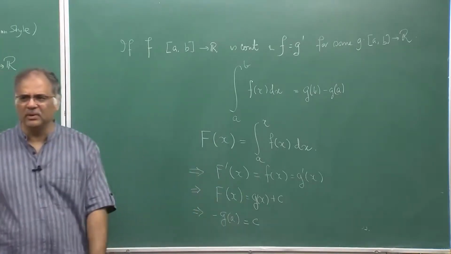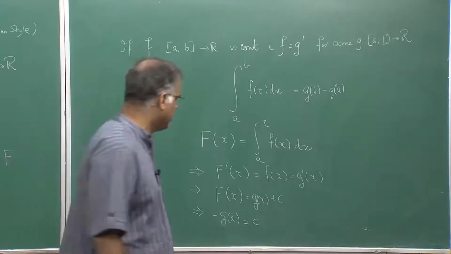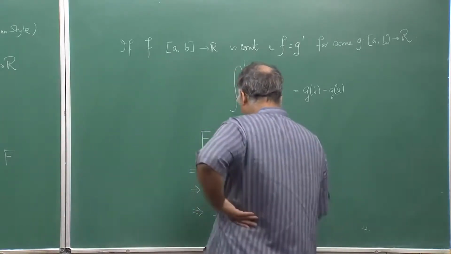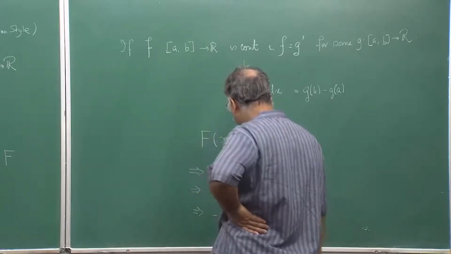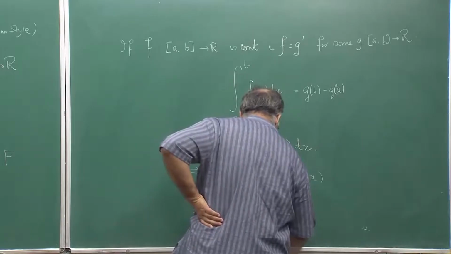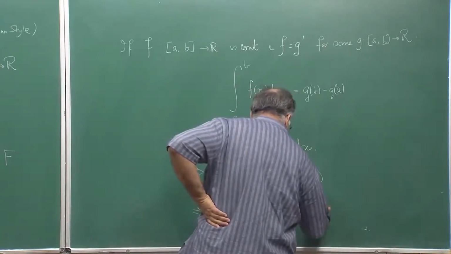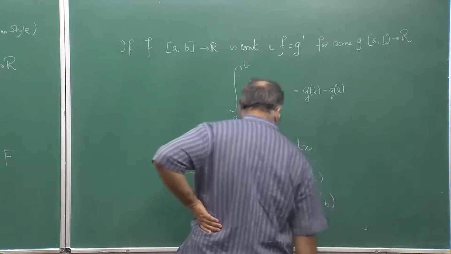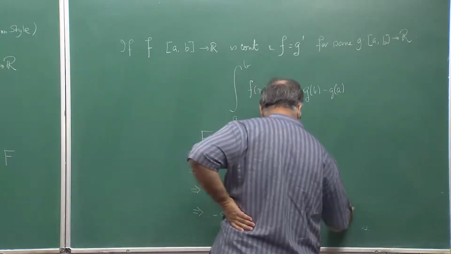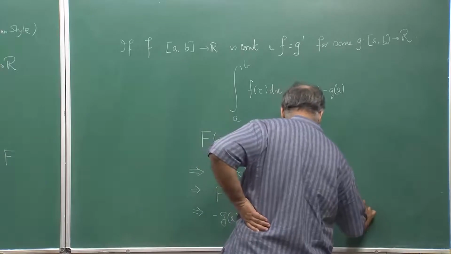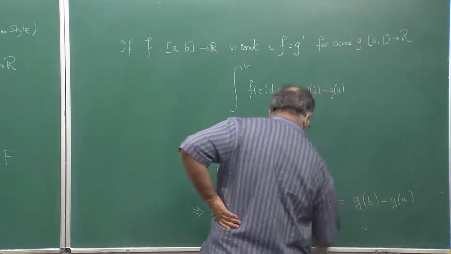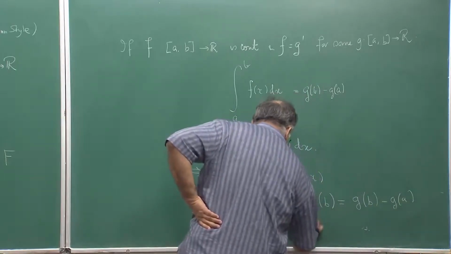And when I put x equal to b, then you have g(b), so F(b) would be equal to g(b) minus g(a). But what is F(b)? F(b) is nothing but the integral.